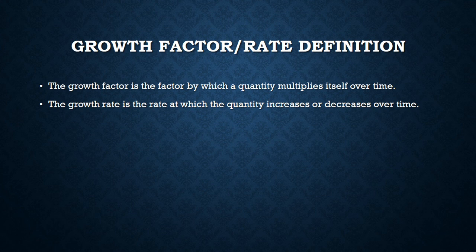The growth rate is the rate at which the quantity increases or decreases over time. If we go back to our example, the number of cases jumped from 10 to 50. That means the number of cases increased by 40, which is 400% of 10, the initial case. The growth rate is a decimal, so the 400% could be converted to 4.